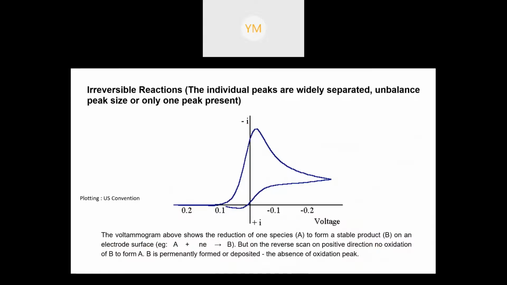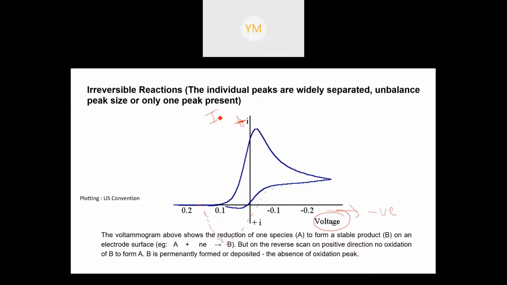Okay, next, we were on reversible. Now we come to irreversible. As I said earlier, this is an example of irreversible because there is no return peak, no reverse peak. For example, this is positive current, and this is the negative direction of voltage.